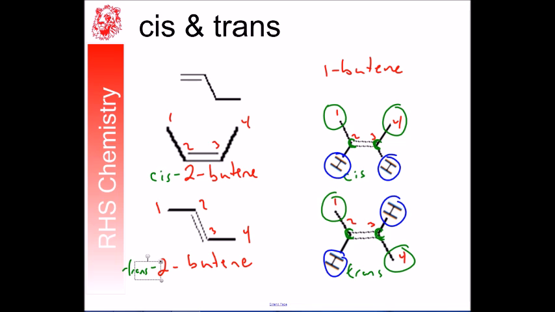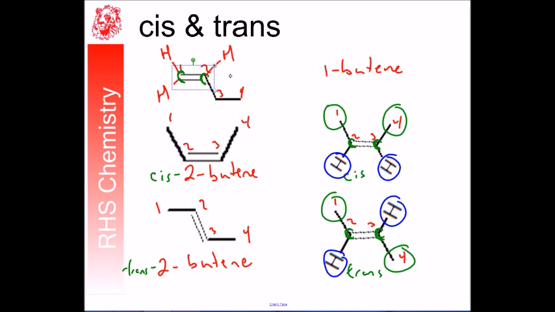Now if I go back up to my 1-butene, 1, 2, 3, 4, I didn't worry about cis and trans. So let's just worry about that for a minute. I'll put my hydrogens in. There's my hydrogen on the end, and there's my other hydrogen on the other end. Out of this carbon right here, and there's my other carbon right there, oh, I forgot the hydrogen.